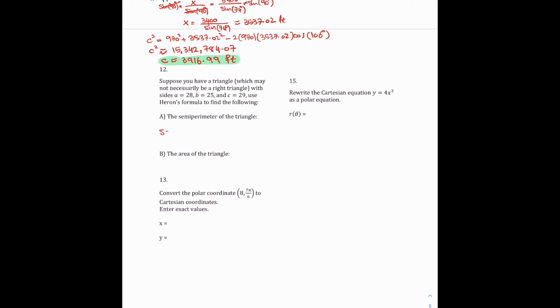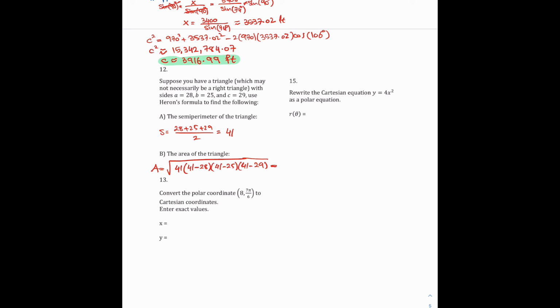The semi-perimeter is equal to the sum of all sides divided by 2, which is equal to 41. And then the area is the square root of 41 times (41 minus the first side) times (41 minus the second side) times (41 minus the third side).